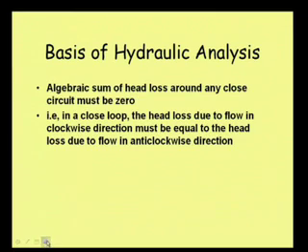Well, then the third condition, and the third condition is the most important condition for analyzing a pipe network. What it states is that the algebraic sum of head loss around any closed circuit must be 0.